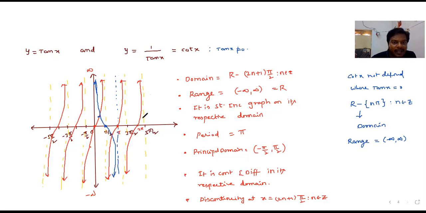Next, at 2 pi it is not defined. Okay. So now in this boundary, we get the graph in this way. This is the graph of cot x, blue colored.